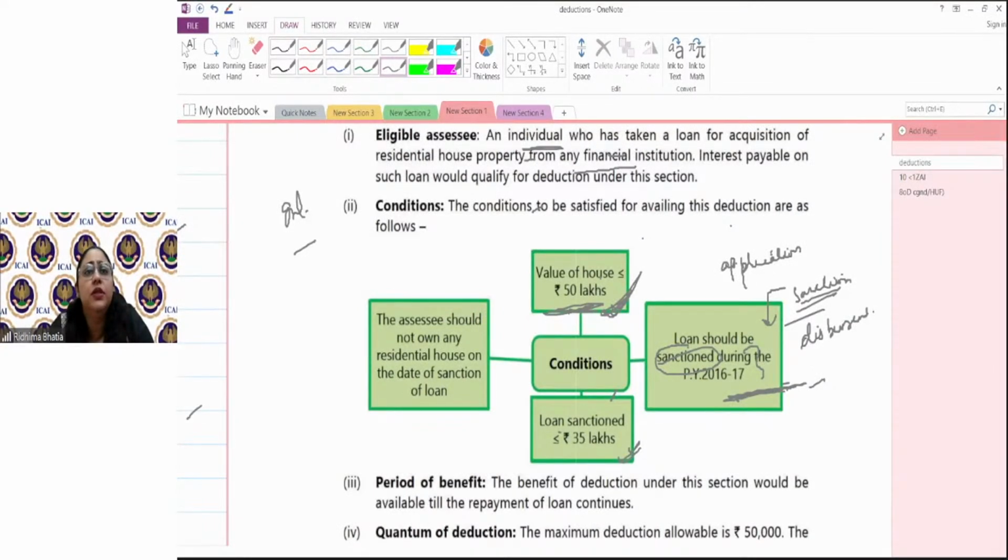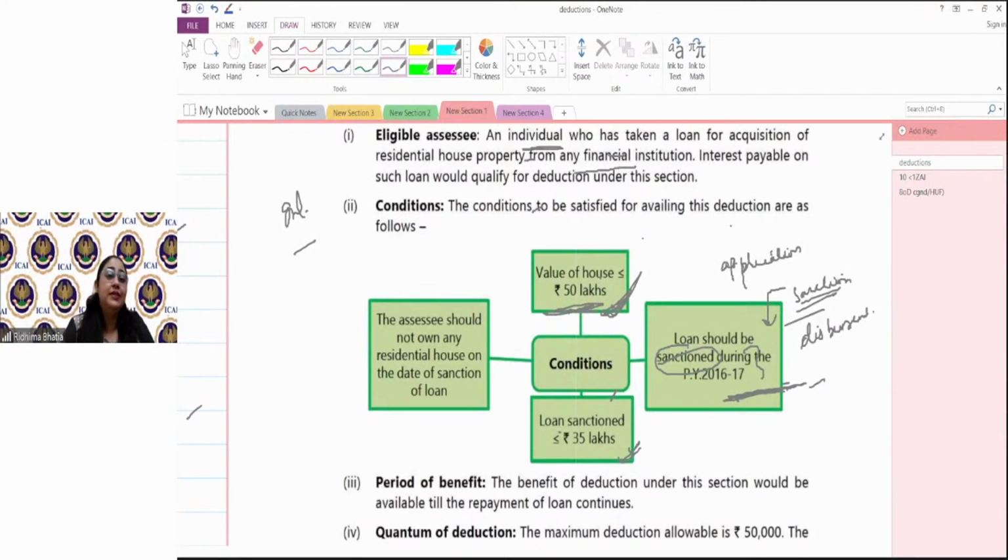And by house they mean a basic house. We're not talking about villas or luxurious flats, a basic house. So this is not for everyone, it was for them. So people at least have a house. And the value of the house is not more than 50 lakhs, and the value of the loan for that is not more than 35 lakhs. Okay?